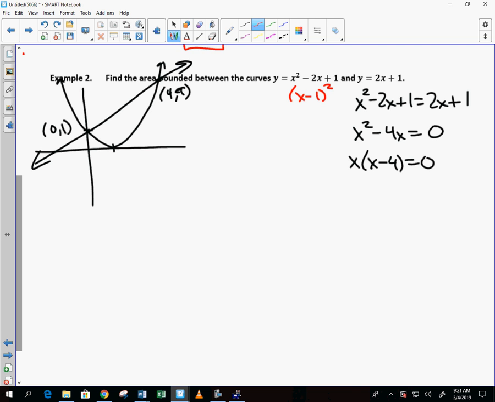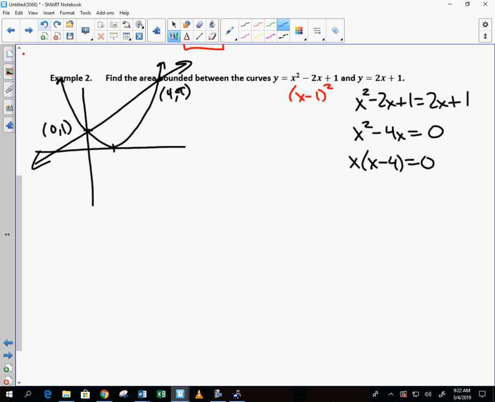So if we draw a rectangle here from top to bottom, which one's on top, the line or the parabola? The line, and the parabola is on the bottom. Notice that the rectangle as we draw it has horizontal width. So dx is what we state as the width. I've chosen to bring this topic up right now to try to help later on.